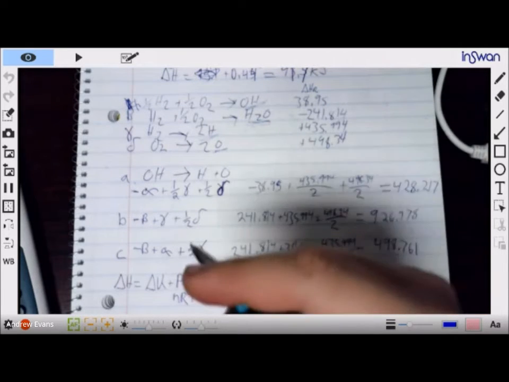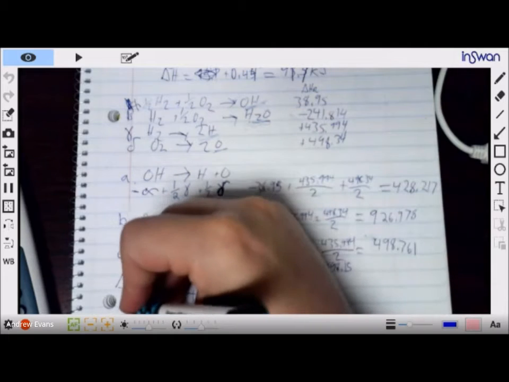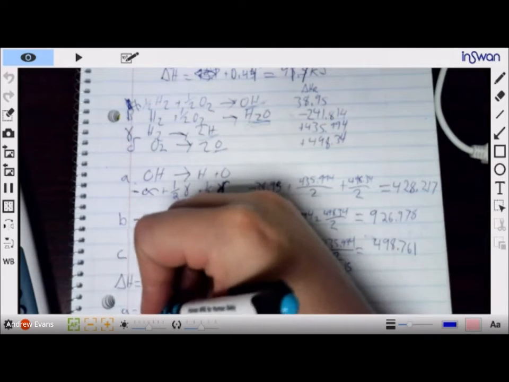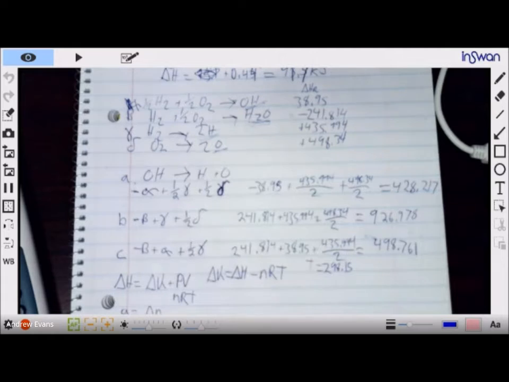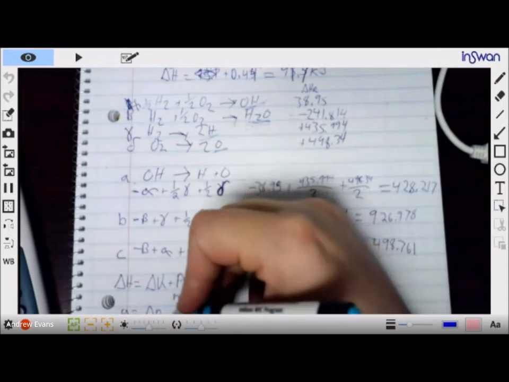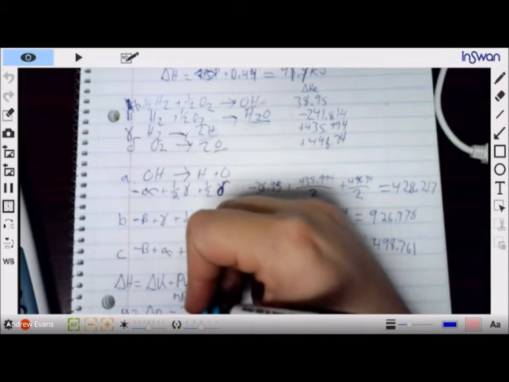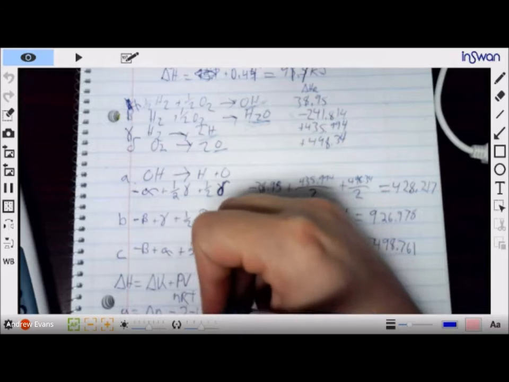So for equation A, the delta n is going to be, we go from 1 mole of gas to 2 moles of gas. So we're going to get 2 minus 1, so positive 1.